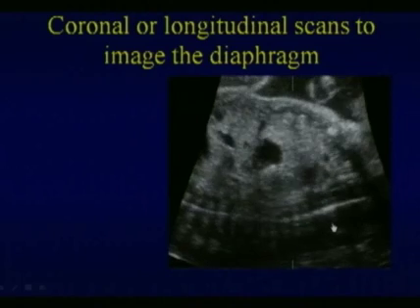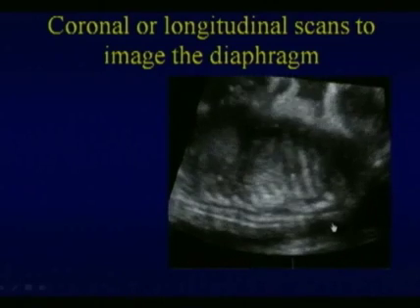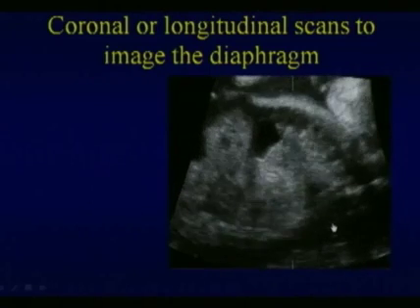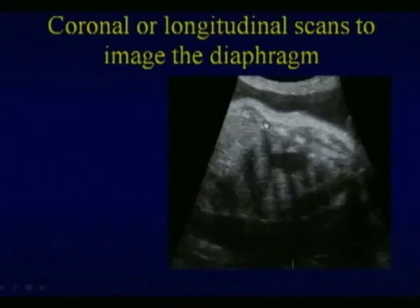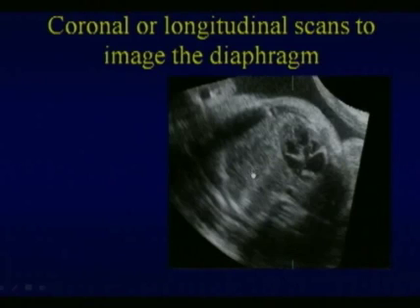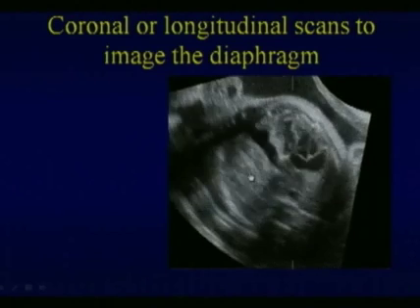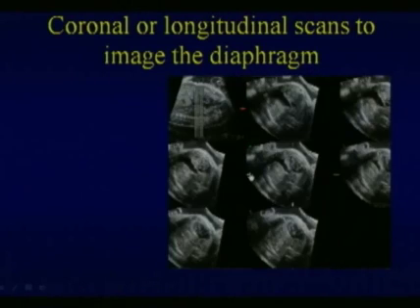One way I like to look at it is in coronal or longitudinal views, in addition, of course, to axial views. Not only are we looking at the thorax, but also I like to look at the diaphragm itself. And if you look here, you'll see the normal diaphragm over here, but as we come to the other side, now we're on an axial view, and you'll see that fluid-filled stomach, and we can see this in a variety of ways.